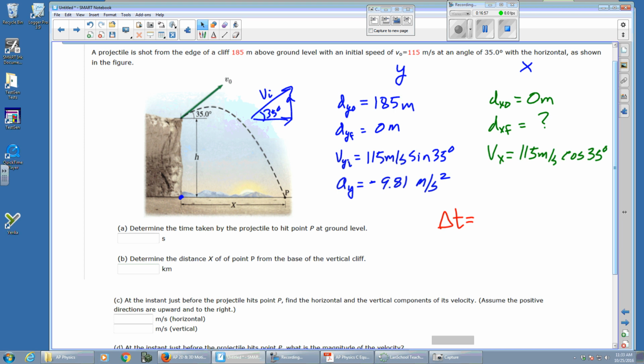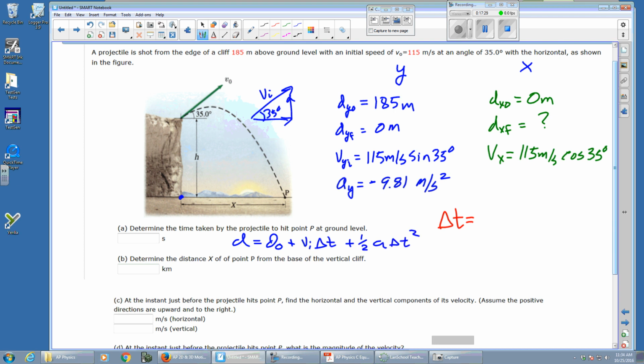Y is usually my default to think about time because I know a lot about it. So I'm going to use our good old friend, d equals d naught plus v initial delta t plus 1/2 a delta t squared.